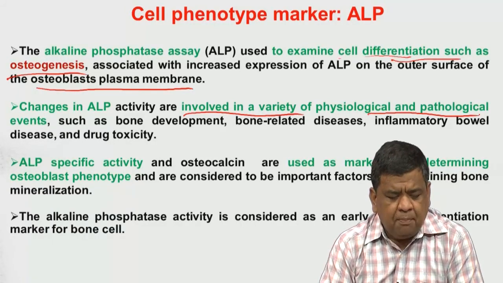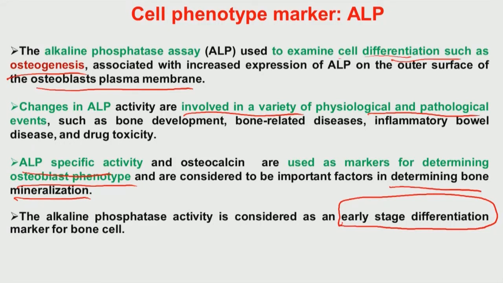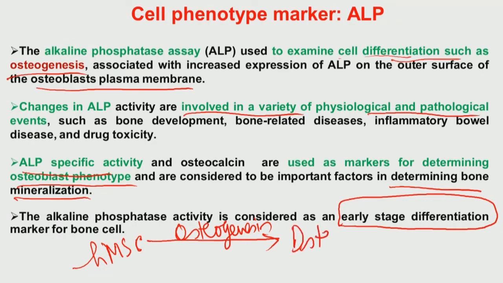Third, ALP specific activity is used for the osteoblastic phenotype, and this is important in determining bone mineralization. And fourth, it is an early stage differentiation marker. For example, if you grow human mesenchymal stem cells, which I will cover in one of the modules, and follow the osteogenesis lineage, ultimately they will go to osteoblasts and subsequently osteocytes.